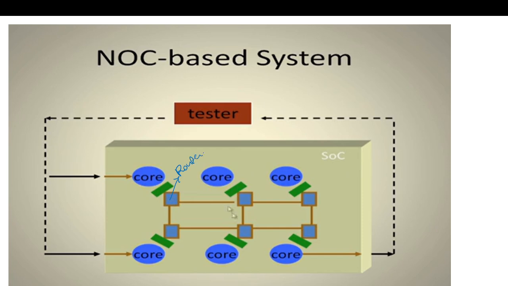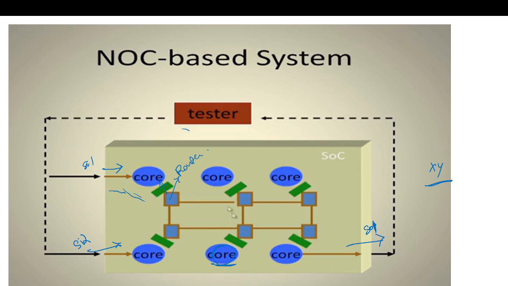Here we have seen this is the router. Each router is connected to one core. And say our tester is providing two input lines, SI1, SI2, and is supporting one output, SO1. If we follow the XY routing scheme and say we want to test this particular core, the input should come from here.